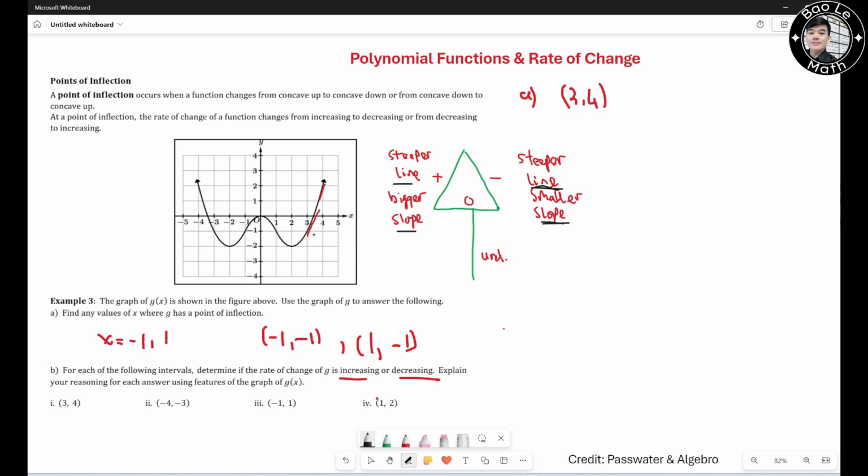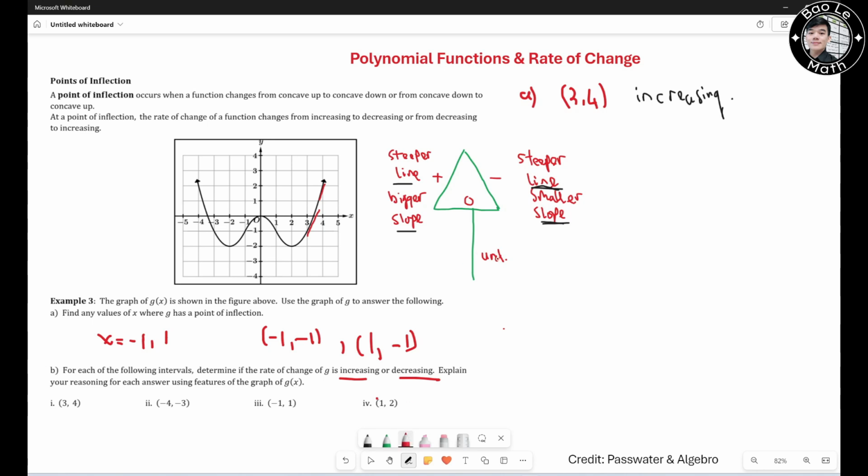Alright, so we have two different ways to do this problem, right? The first one, we can use the concavity. Because the graph is concave up, the rate of change of the function is increasing, right? So this one is increasing. Or you can draw two tangent lines and you compare the slope of two tangent lines.